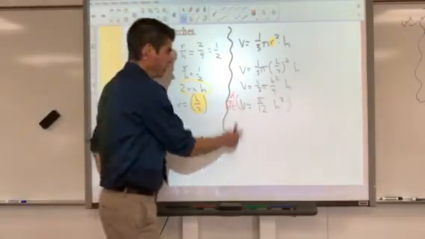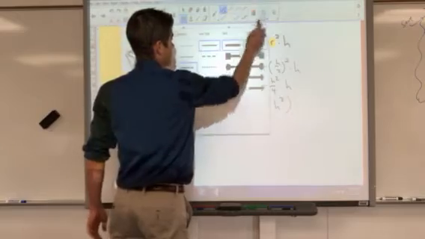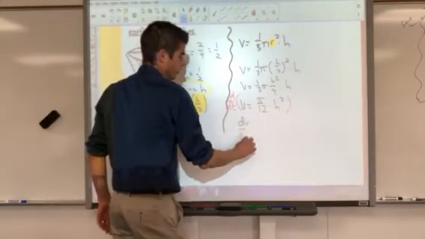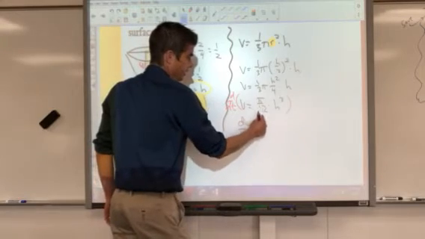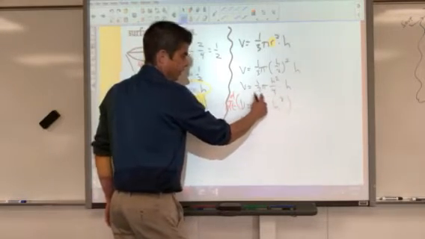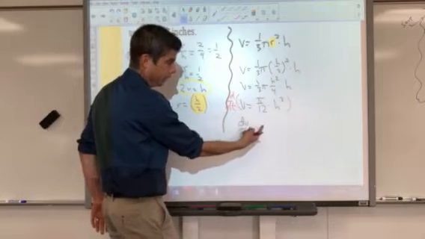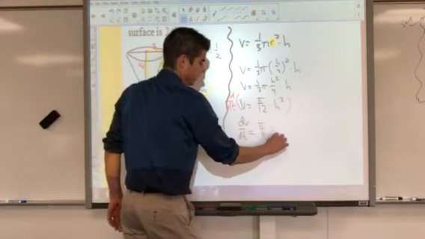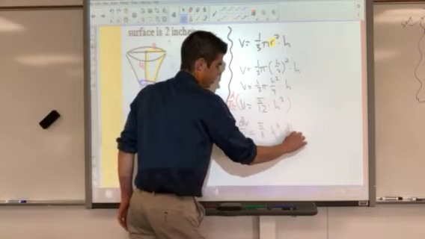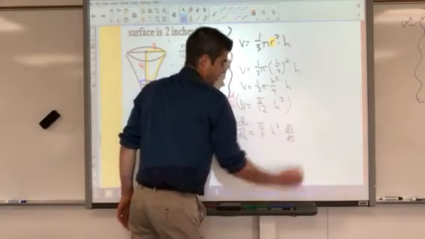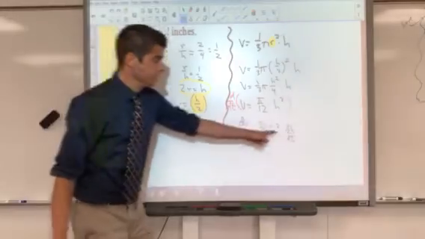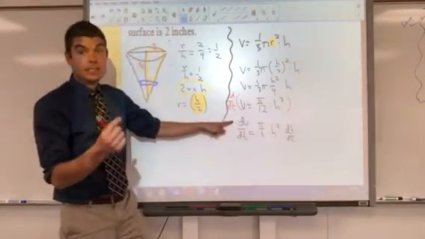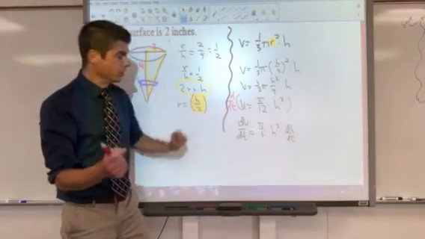So the derivative of volume with respect to time is just dV/dt equals, now this is just a coefficient, the 3 comes down, so it's 3 pi over 12, or pi fourths, times h squared, and then immediately multiply by dh/dt. Again, dh/dt is the rate that the height is changing over time. dV/dt is the rate that the volume is changing over time.